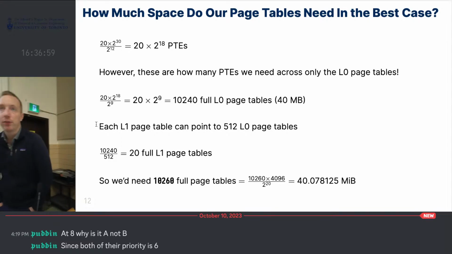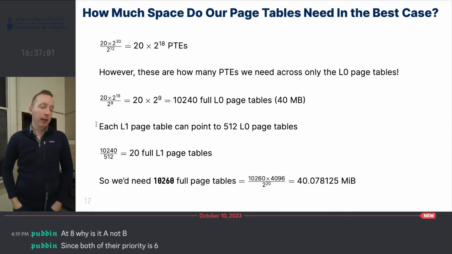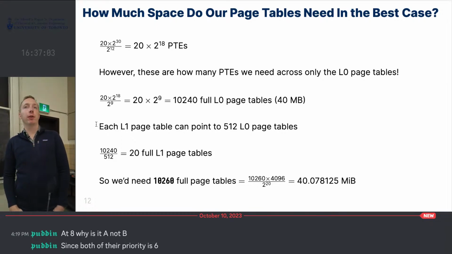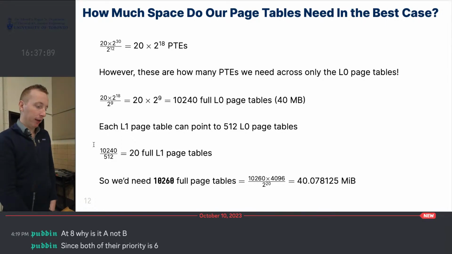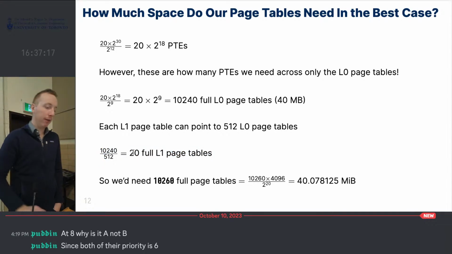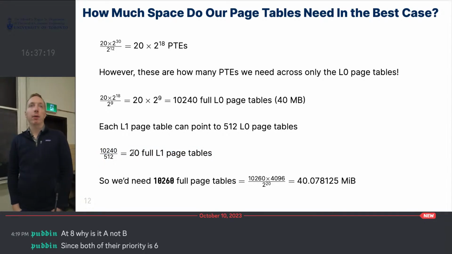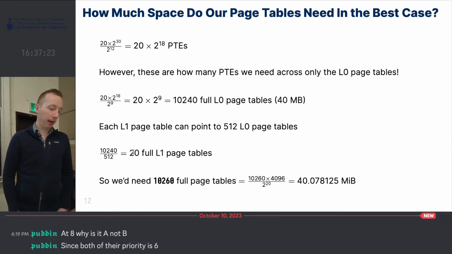So we know each L1 page table can point to up to 512 L0 page tables for the same reason, right? That's how many entries it can have in it. So if we just take the 10,240, divide by 512, well, we can figure out that we need 20 full L1 page tables in the best case.